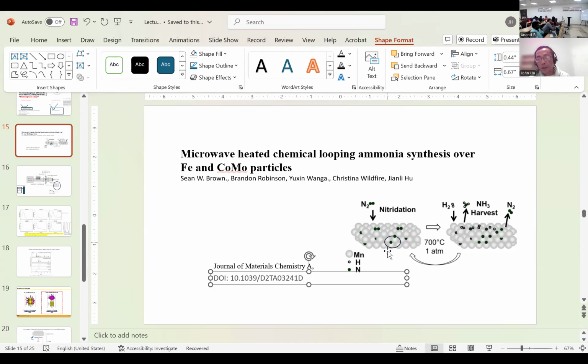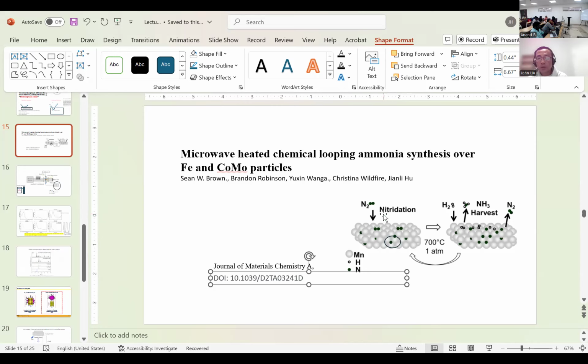I think in the paper they use particles to represent the atoms, but in reality they are bonded, they are connected. This black dot, which is nitrogen, is connected to the manganese, or in our case, to the cobalt moly.